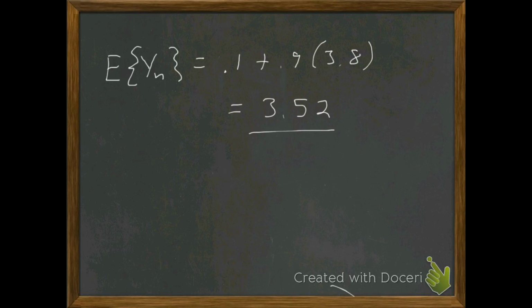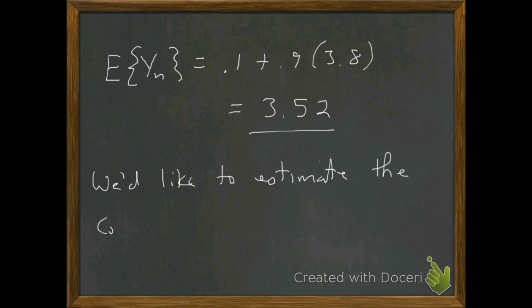Now, let's say, for example, that we want to estimate the college GPA within plus or minus 2 standard deviations, which essentially gives us about 95% of our sampling distribution.